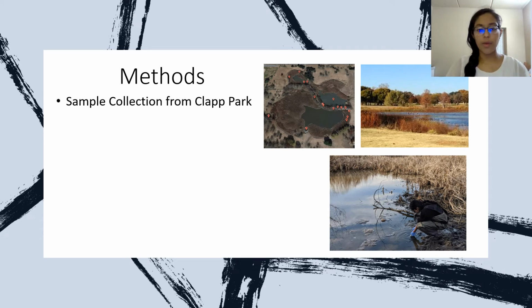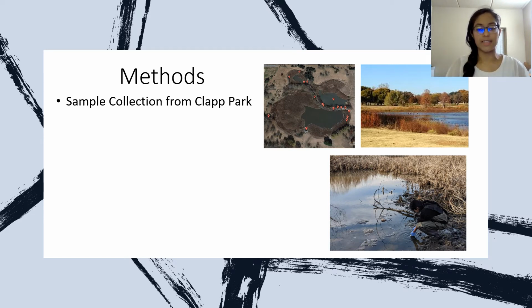By doing so, we were able to get a good representation of different locations around the lake. This also allowed us to test different types of locations as well. In other words, we were able to see if human or domestic animal traffic was a correlating factor in determining where the pathogens were found. A map of the testing sites is seen in the image to the top left.